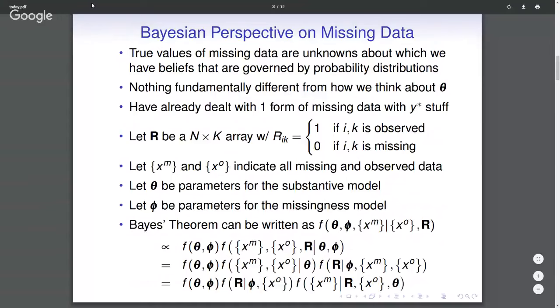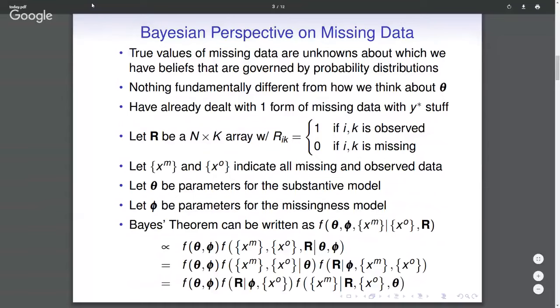We're going to update our beliefs about all the unknowns collectively, including the true values of missing data, including the parameters, and we're going to get draws from the posterior distribution of everything. So it's not a fundamentally different perspective than how we think about theta or beta or sigma or whatever, even in the case where all the data is perfectly measured and fully observed.